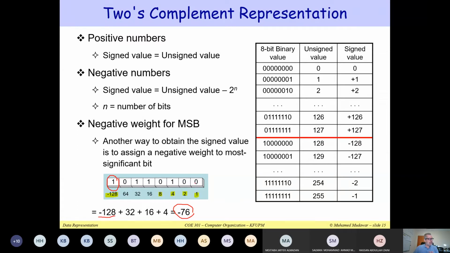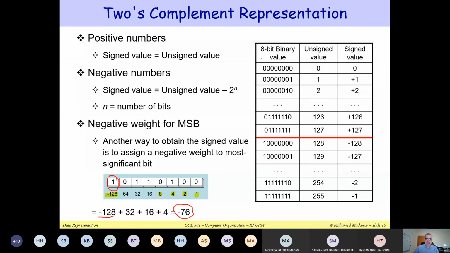Is this clear? This is how we obtain the decimal value of a number which is in the 2's complement representation. So everything is the same except the weight of the sign bit. The weight of the sign bit is negative. Look here at this number. For positive numbers, the unsigned value and the signed value are exactly the same.